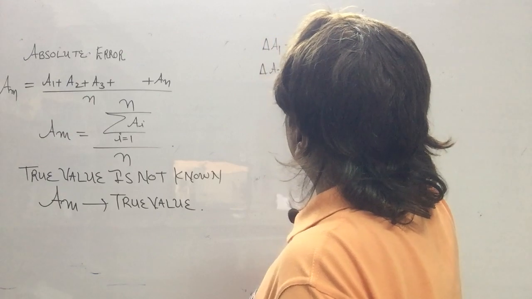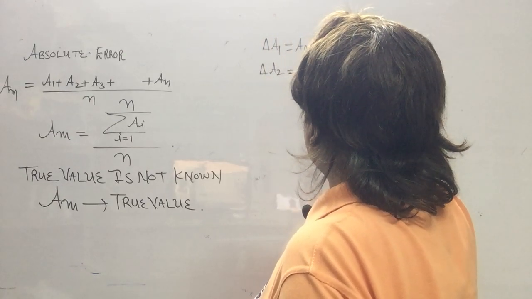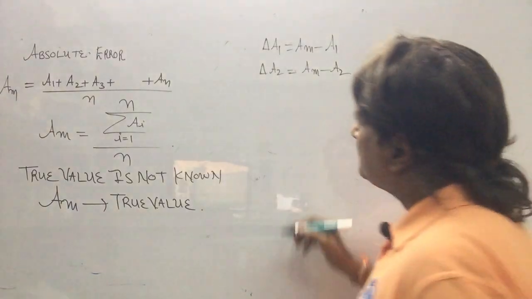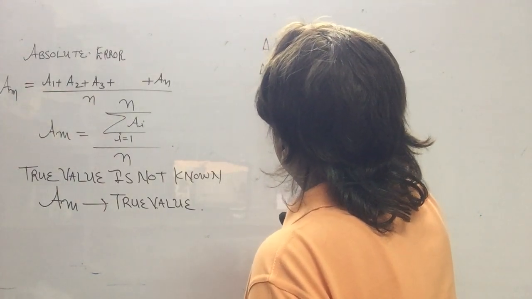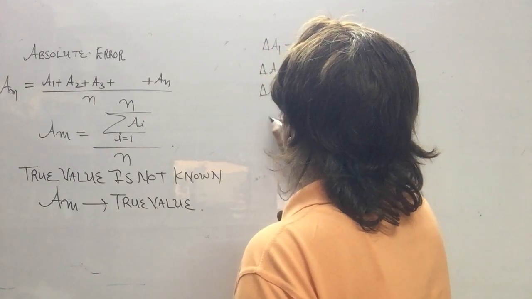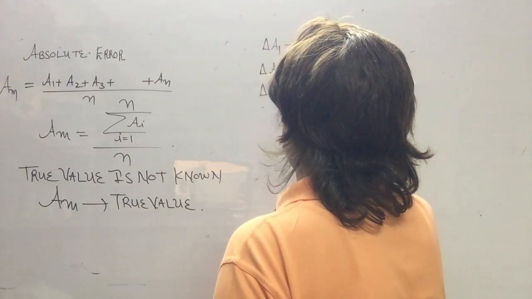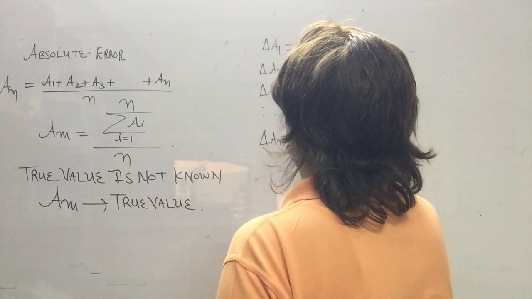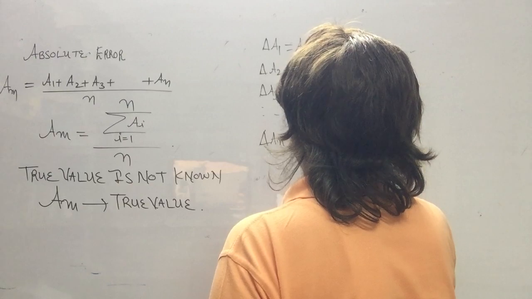Delta A2 is AM minus A2. Delta A3, AM minus A3, so on. Delta AN, AM minus AN.